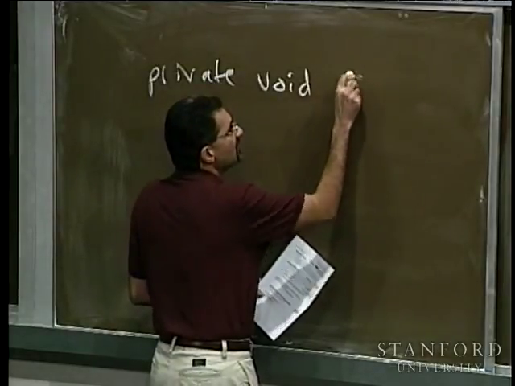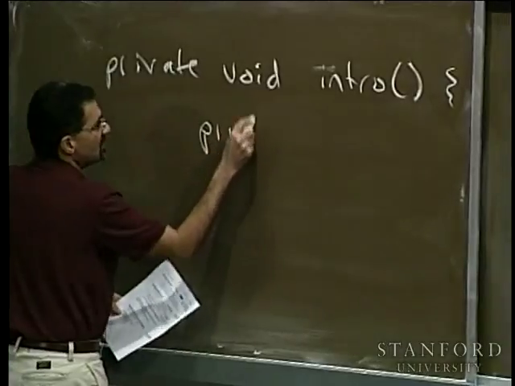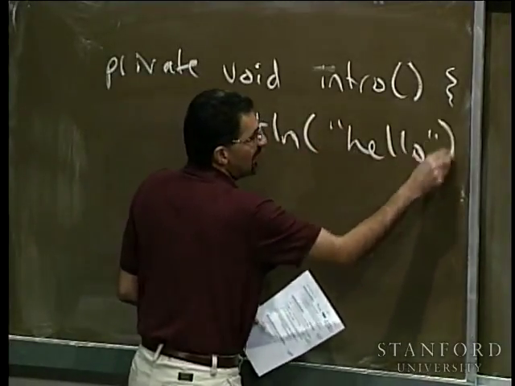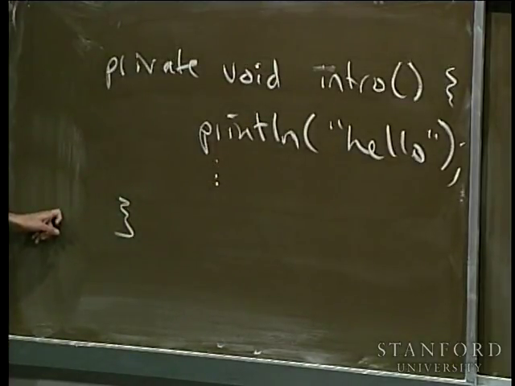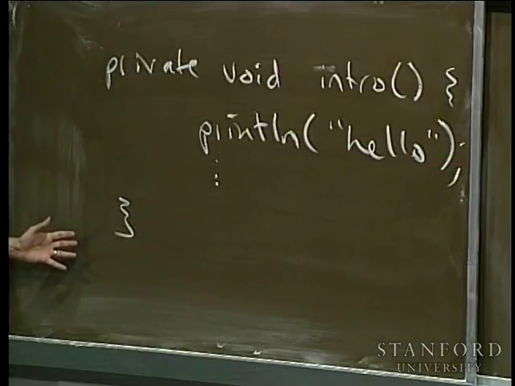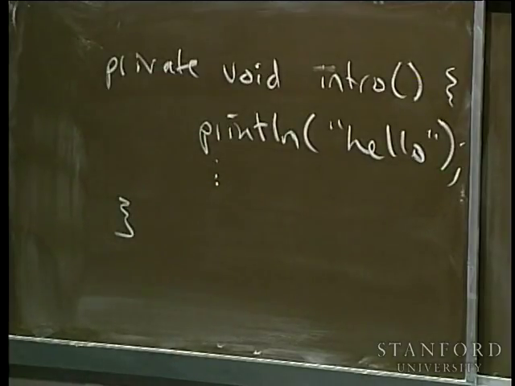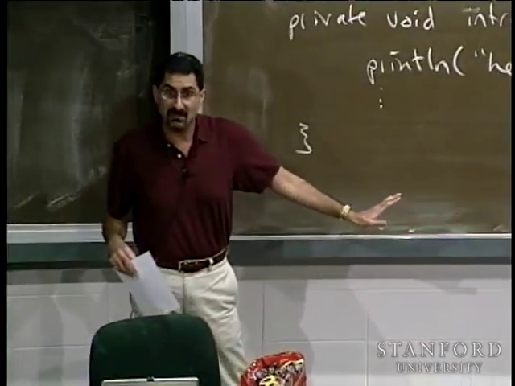And we might call this, for example, something like intro if we want to just have it write out some hello to the user, or it explains how the program works or whatever. And then we have the end of the method. There is not necessarily a return anywhere inside this method. Just like you did with Karel. When you were writing methods in Karel, you were writing methods that didn't return anything, and you never had to worry about return, and that's perfectly fine. In methods that don't return anything, you never have to say return, and that's great.